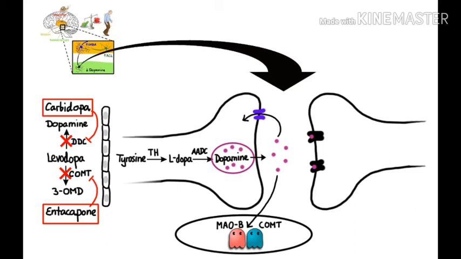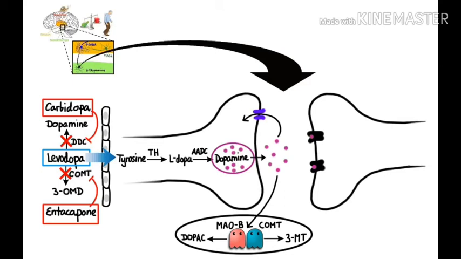Now, levodopa is carried across blood-brain barrier by amino acid transporter. Once inside the brain, levodopa is efficiently converted to dopamine, thus supplementing those depleted dopamine levels in the midbrain. However, let's not forget that dopamine is also susceptible to breakdown by COMT as well as MAOB, which convert dopamine to 3-methoxytyramine and 3,4-dihydroxyphenylacetic acid respectively.